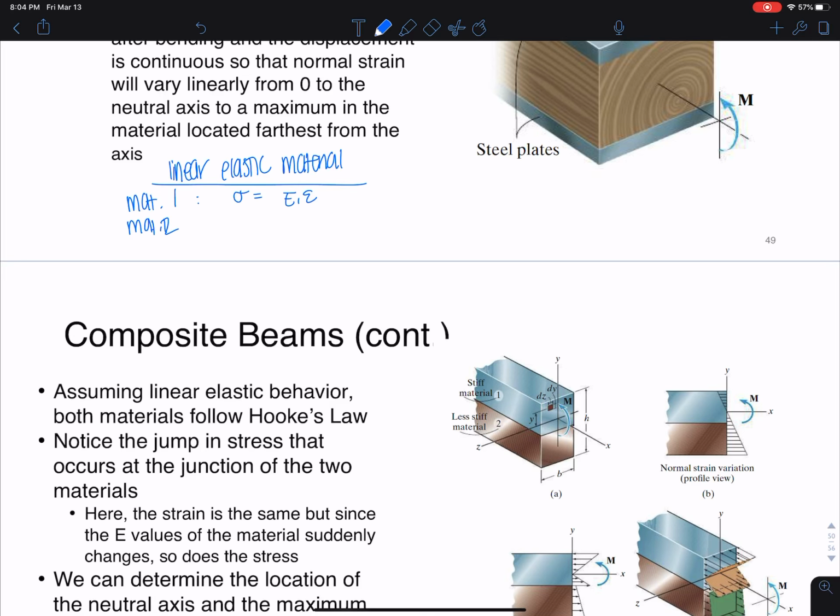Material 2, we have sigma is equal to some other modulus of elasticity, E2, times strain. We're going to assume that E1 is greater than E2, which means that material 1 is stiffer than material 2. Okay, and that's where we get the stress distribution from.